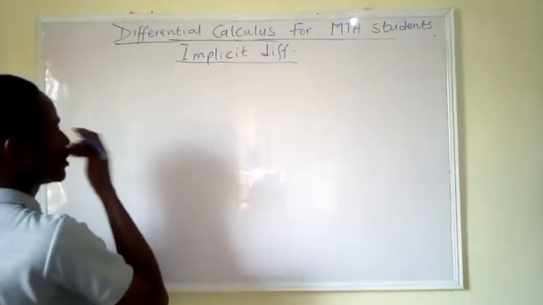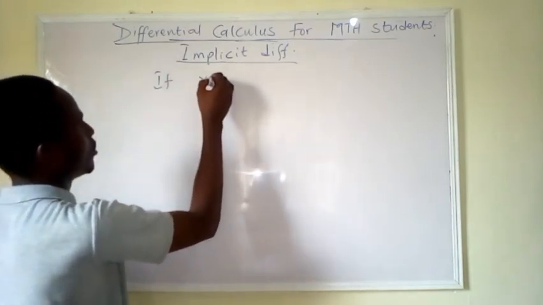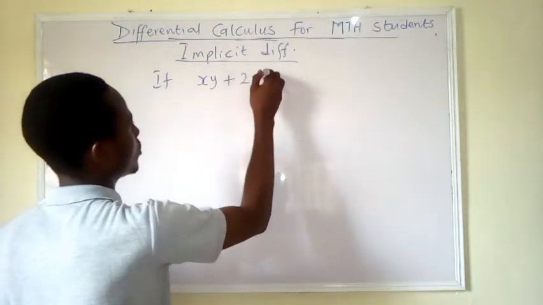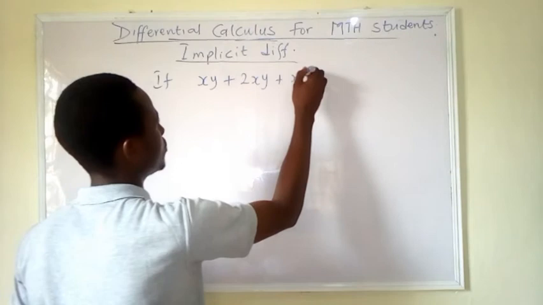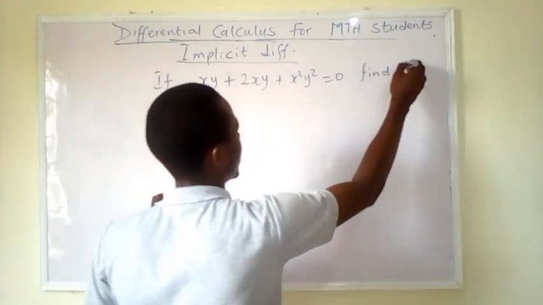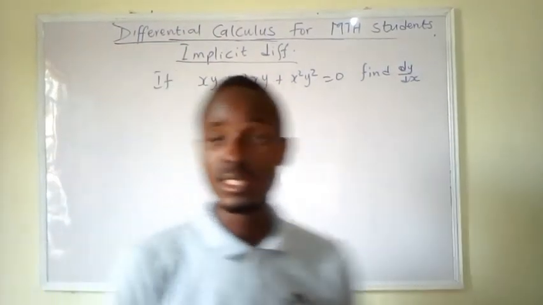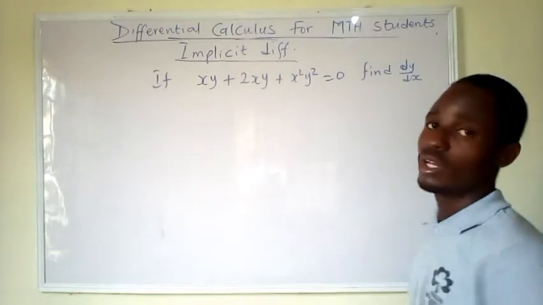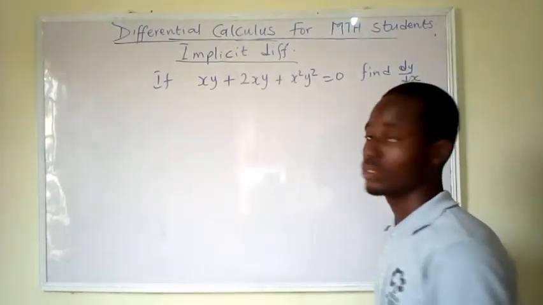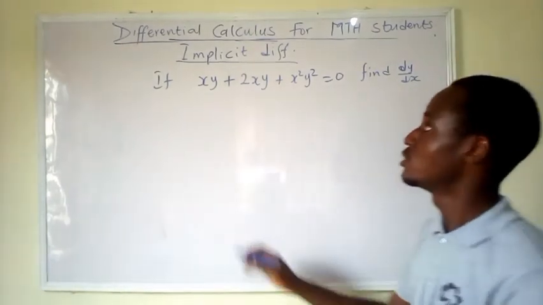An example of an implicit function is if we have xy plus 2xy plus x squared y squared equals 0, and we should find dy/dx. So an implicit function contains the variable y itself. We call this implicit differentiation, where we differentiate all three terms. So let's go ahead and do that.